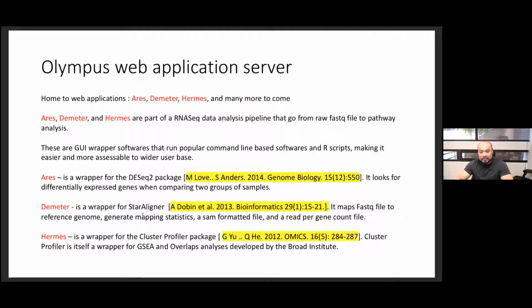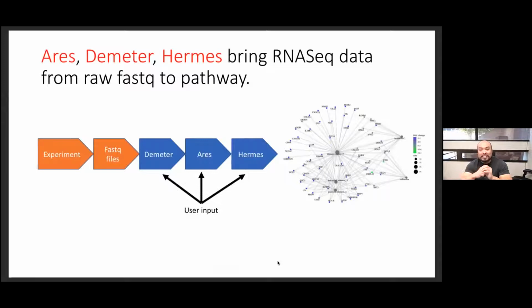Demeter is essentially running STAR Aligner, and also Bowtie, which I forgot to put over here, but Michelle just reminded me earlier. And Hermes is actually running clusterProfiler, which itself is a wrapper for GSEA and overlap analysis developed by the Broad Institute.